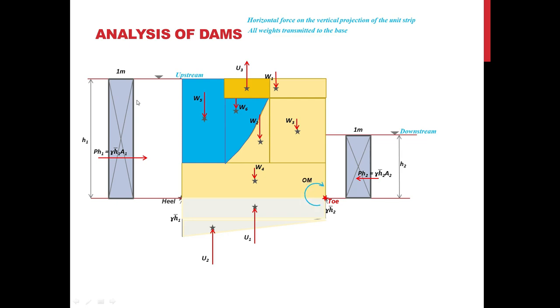So this tends to overturn the dam, so it is called the OM or the overturning moment. Opposite to that direction is also another couple, that is the righting moment or the restoring moment, against the direction of that overturning moment.